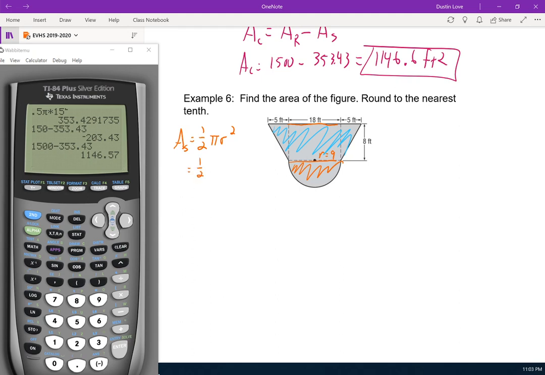So that's 1/2 times pi times 9 squared. 0.5 pi 9 squared is 127.23 feet squared, the area of the semicircle.